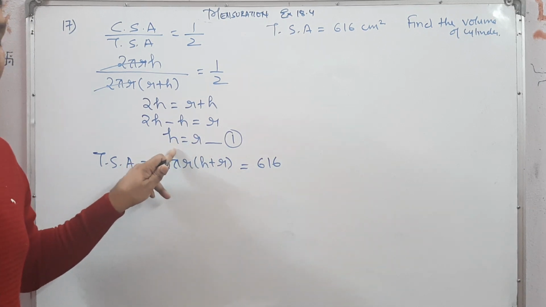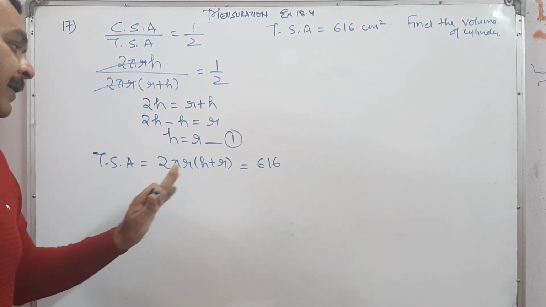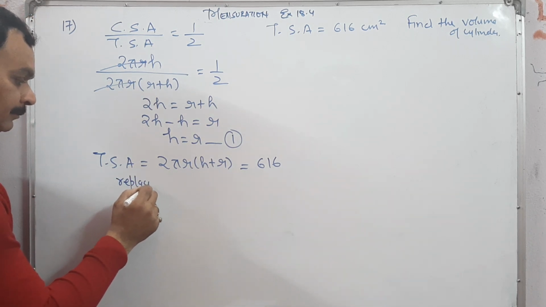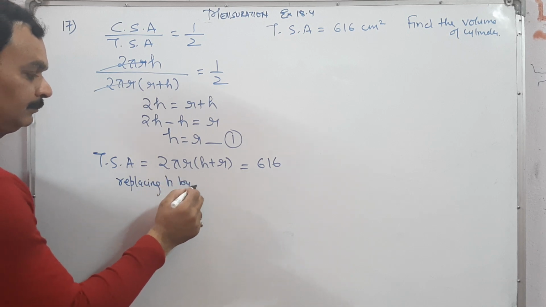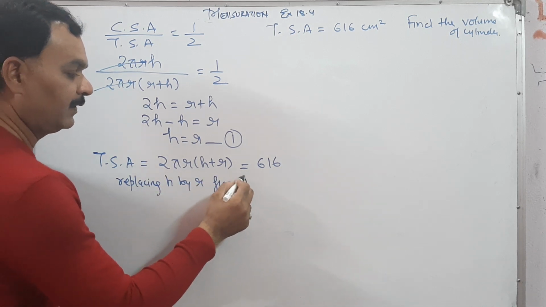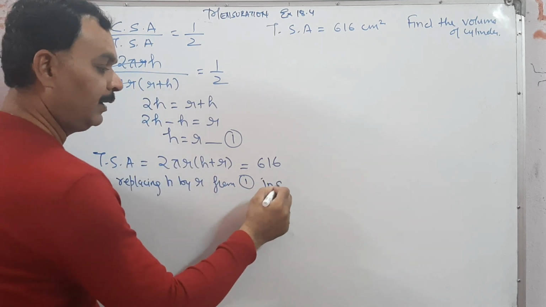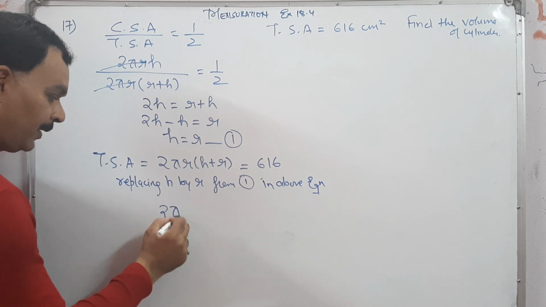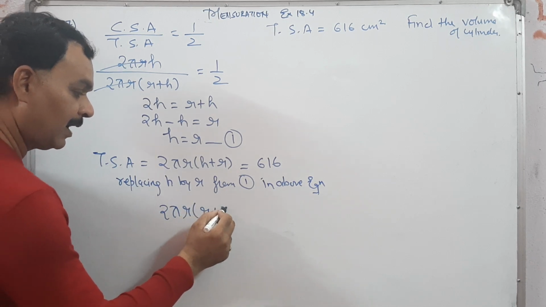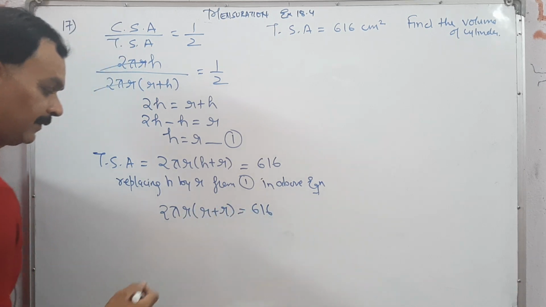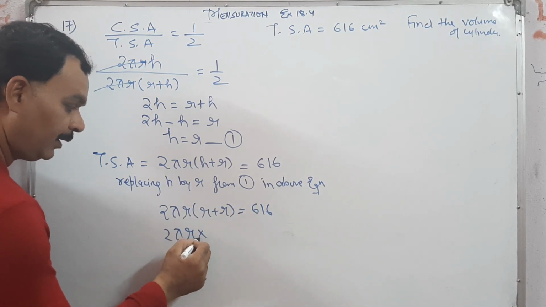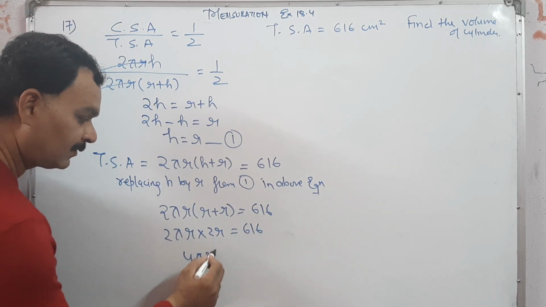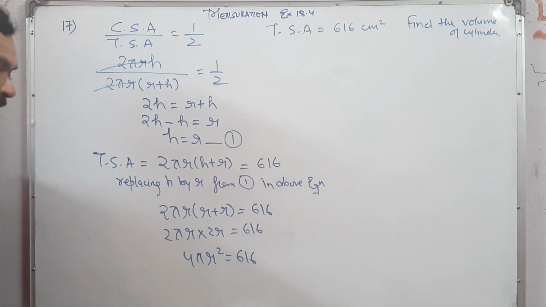Since h and r are both equal, replacing h by r from the above equation, we have 2 pi r (r plus r) is equal to 616, or 2 pi r into 2r is equal to 616, or 4 pi r square is equal to 616.